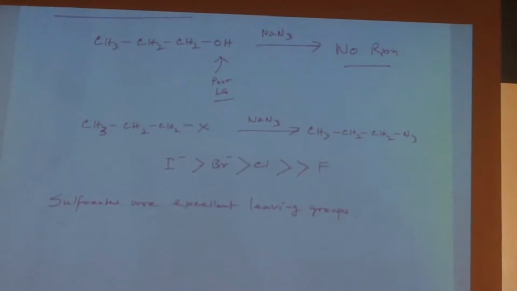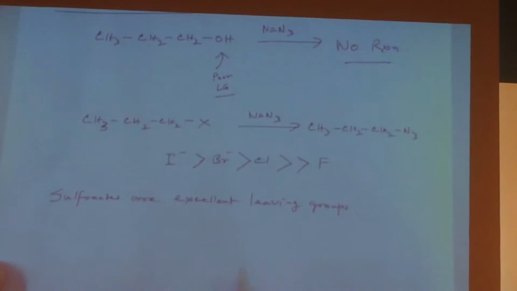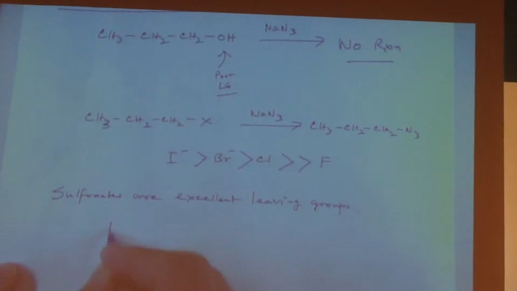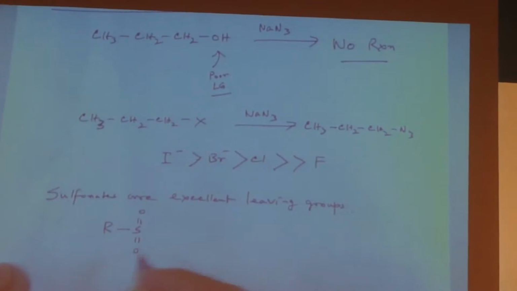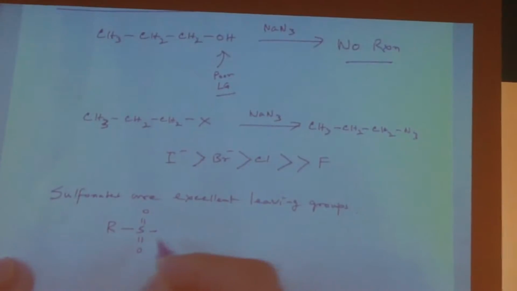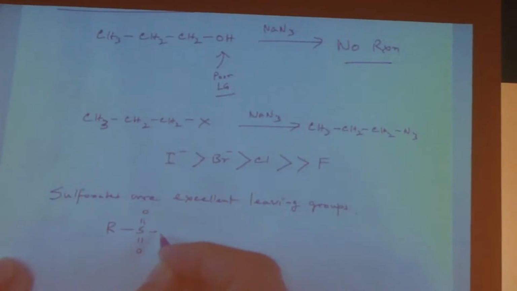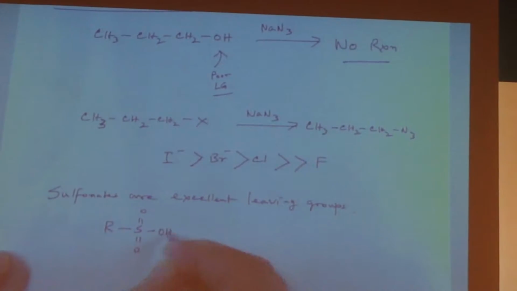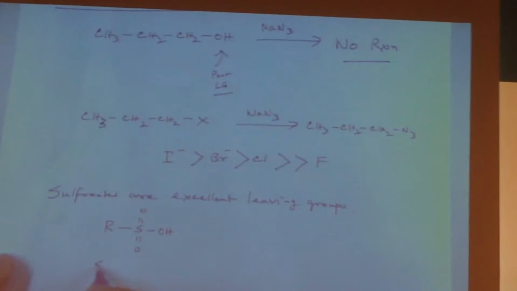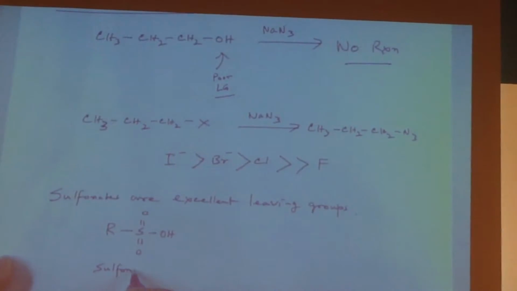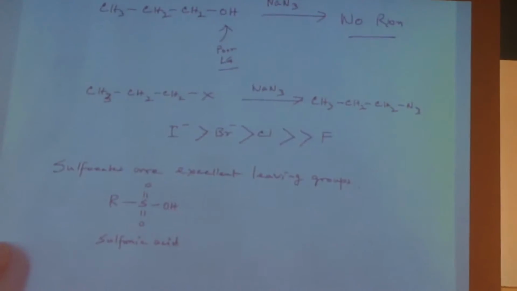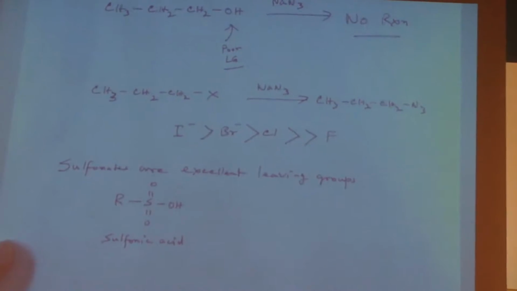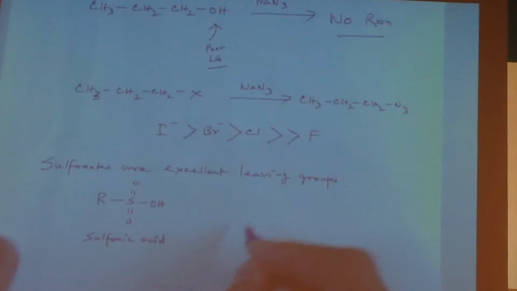And particularly the sulfonates have a general formula of R, this is sulfonic acid. And so you generate a derivative of OSO2.